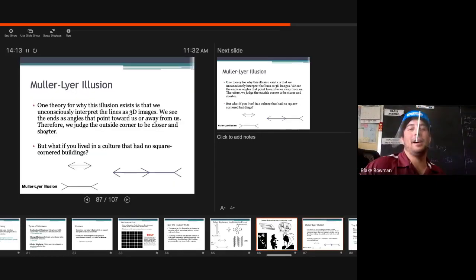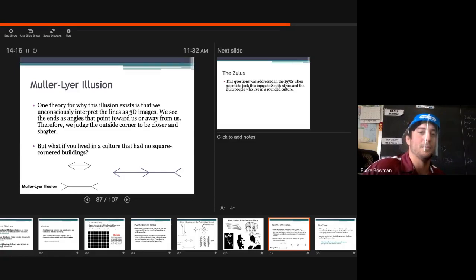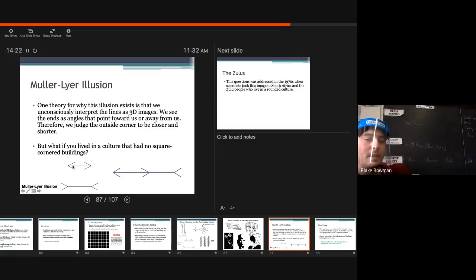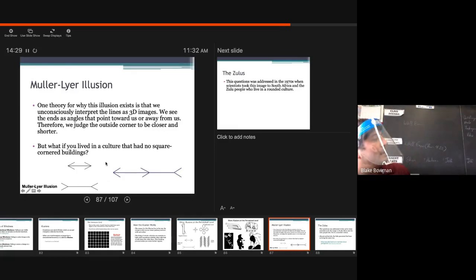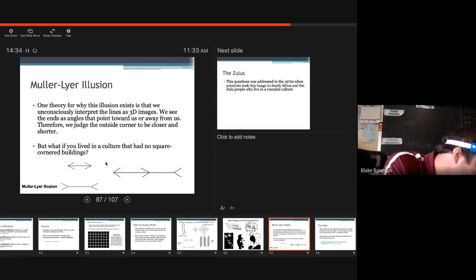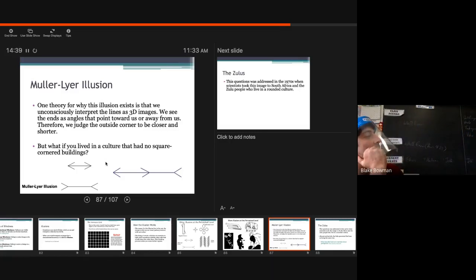All right, so I already kind of talked about this illusion, the Muller-Lyer illusion with the lines, and it really makes us perceive that this line is smaller, that it is not as large as the one below. Like I said before, many cultures around the world, which you're going to read about with depth perception, find it hard to perceive these types of lines and actually see which one's larger. It's really an illusion for these people, where they cannot perceive certain objects, certain shapes.